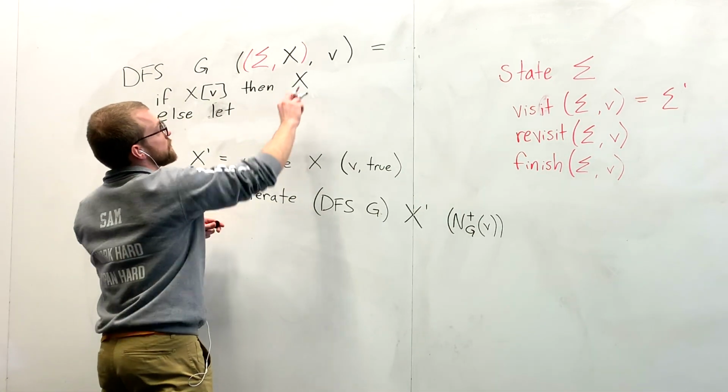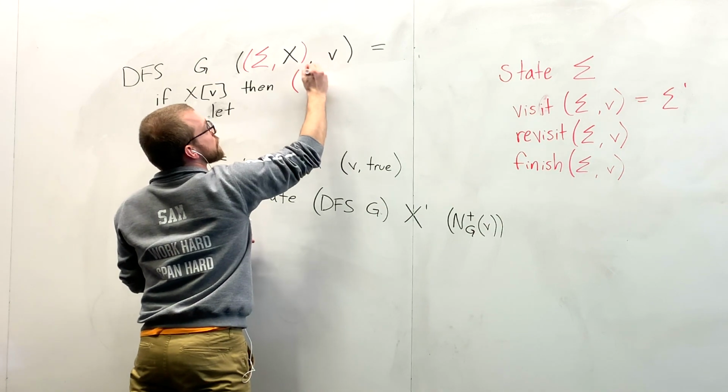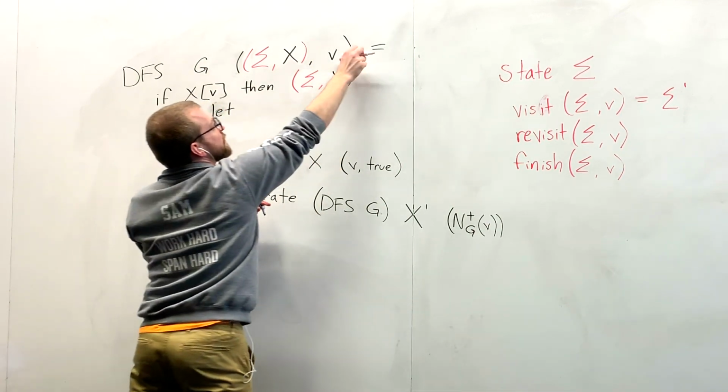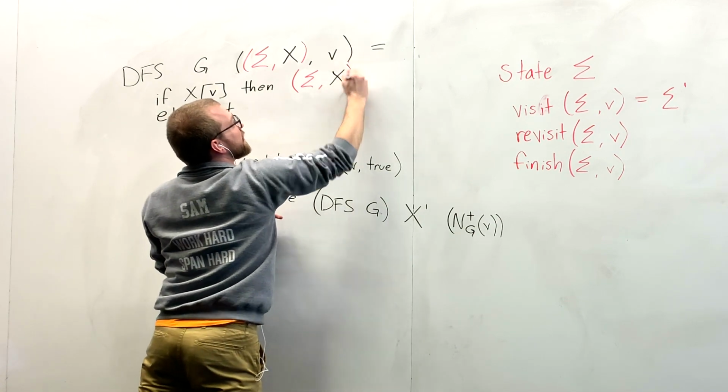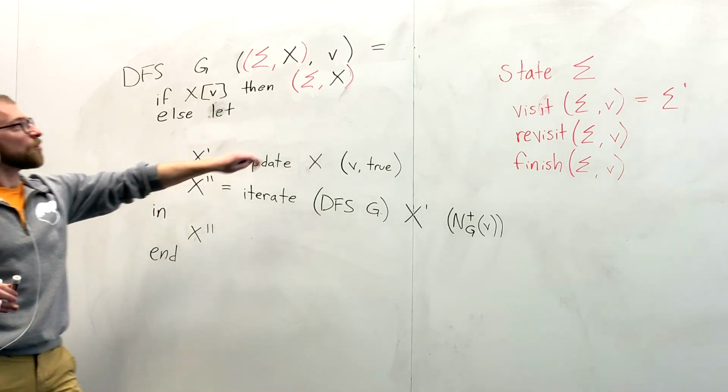So we can do that here. In the case where we've already visited the vertex previously, we don't change the state.